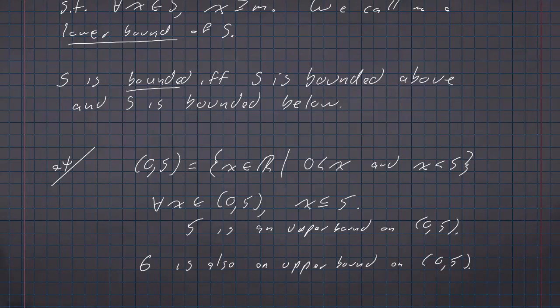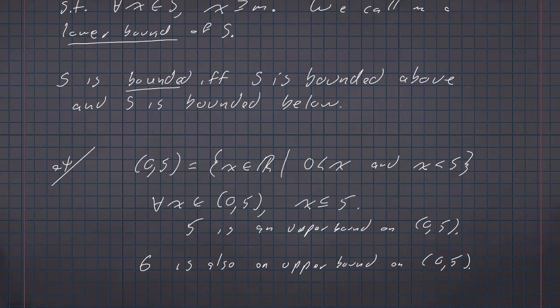Every value in the set is smaller than the upper bound is not the same thing as everything smaller than the upper bound is in the set. So 6 works as an upper bound on (0, 5).